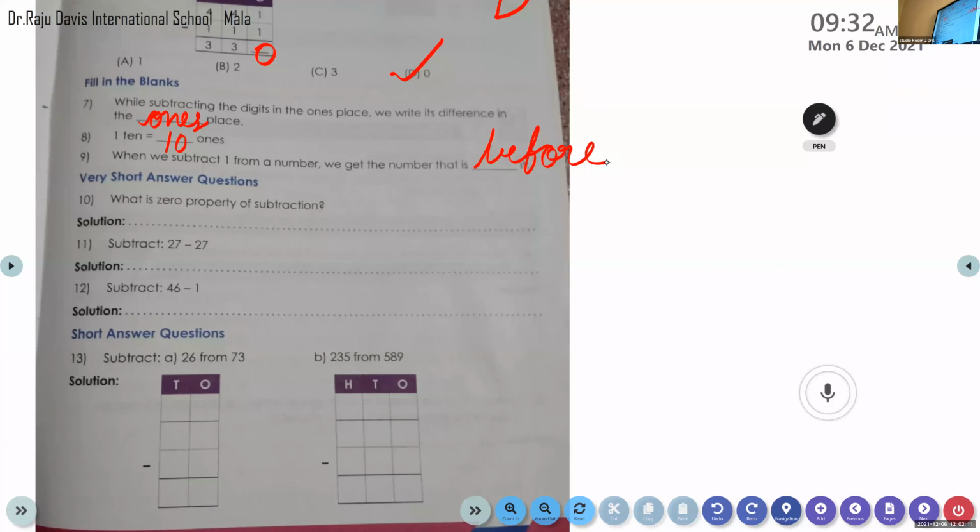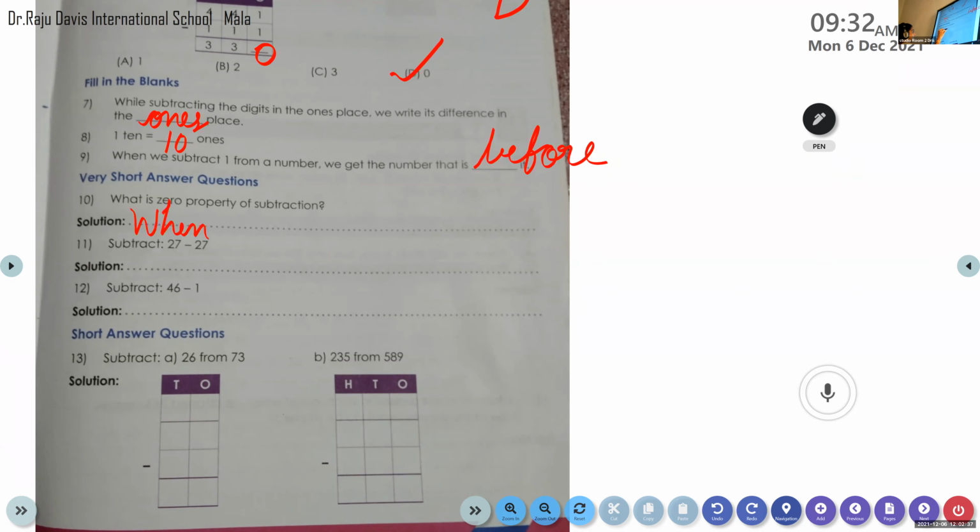When we subtract 0 from a number, the difference is the number itself. That is known as zero property. So that we have to write here. Property. Yes. So please start writing.